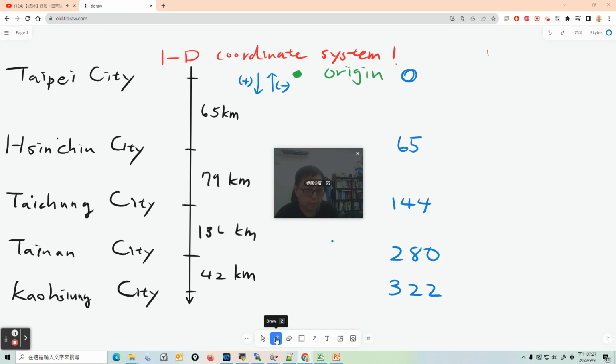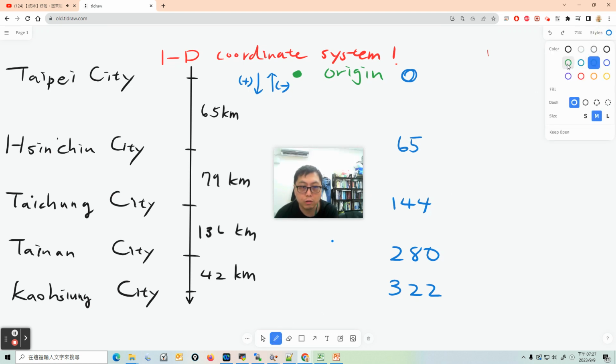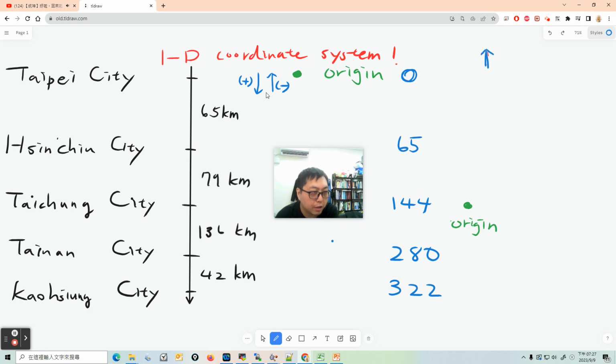If I set the origin at Taichung City, I set the origin here, and now I make a different definition of direction. I use the opposite: up is positive and down is negative. So I make another definition.